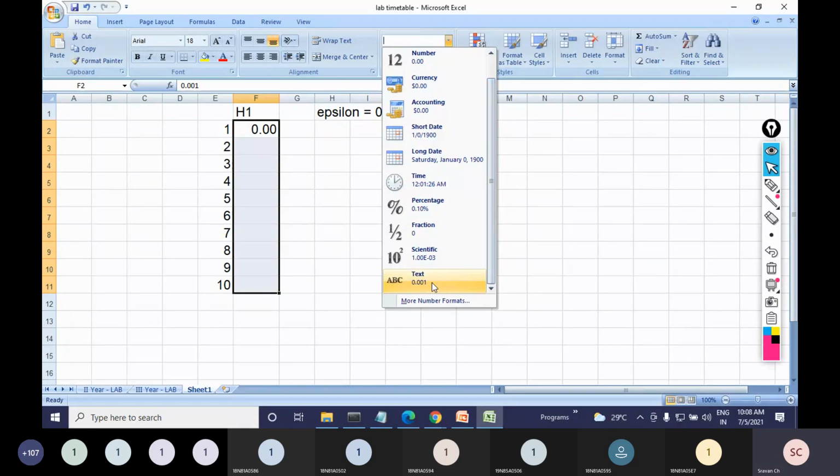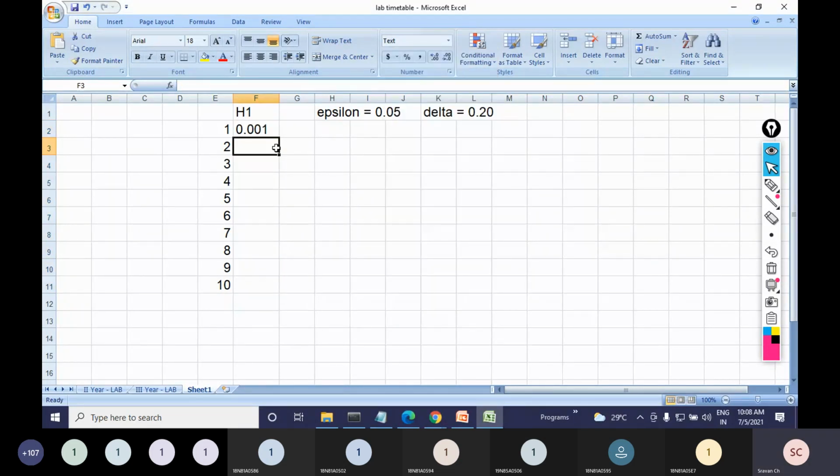In the second case, let us assume it is 0.06. In the third case, it is 0.001, then 0.06, 0.01, 0.01, 0.02.